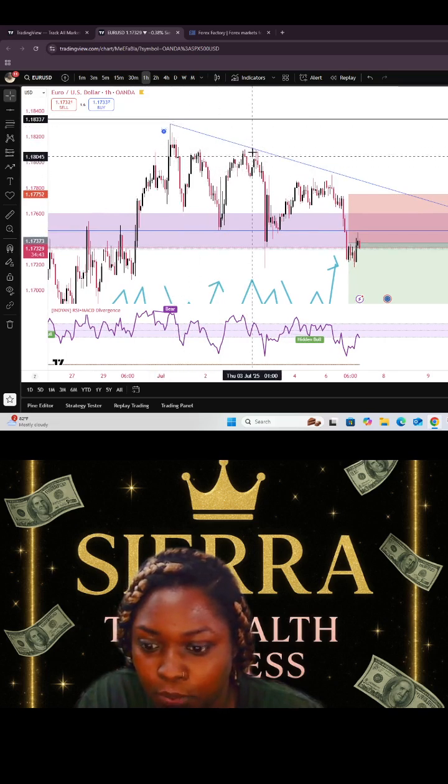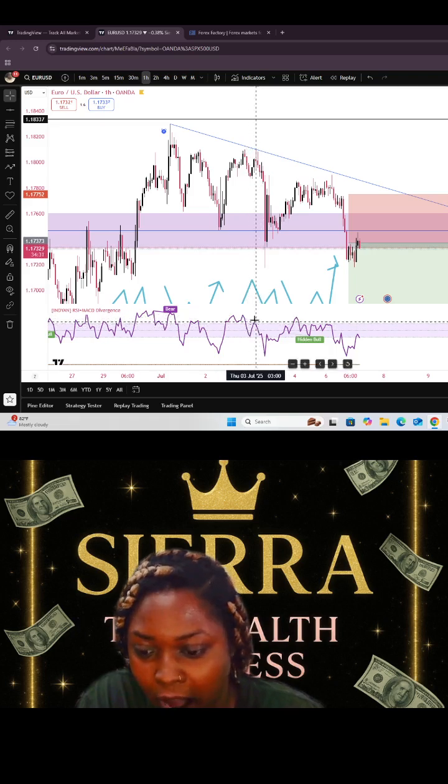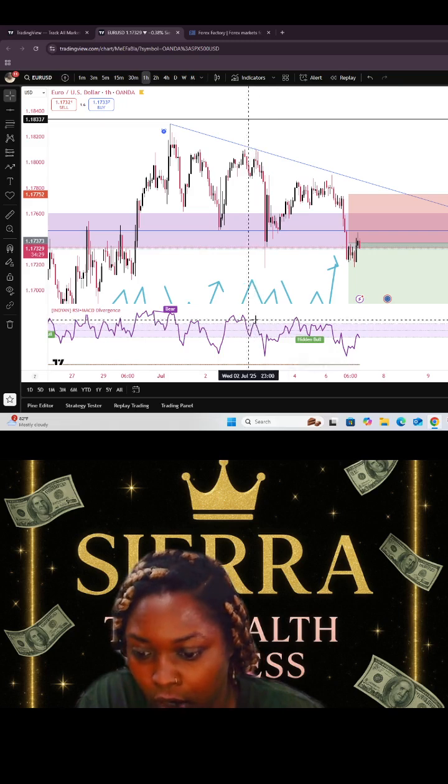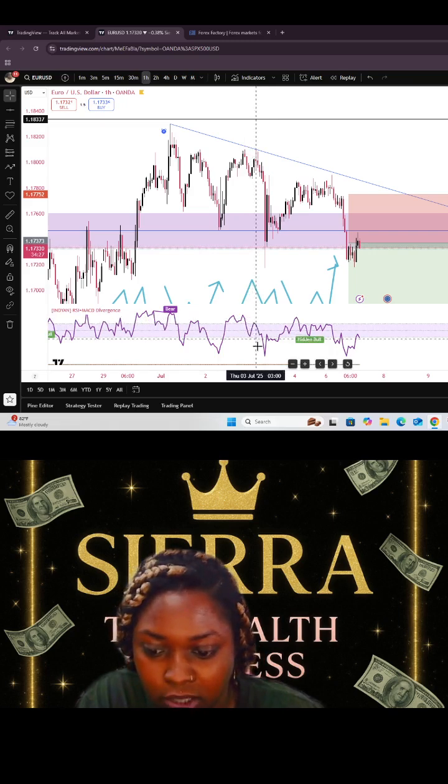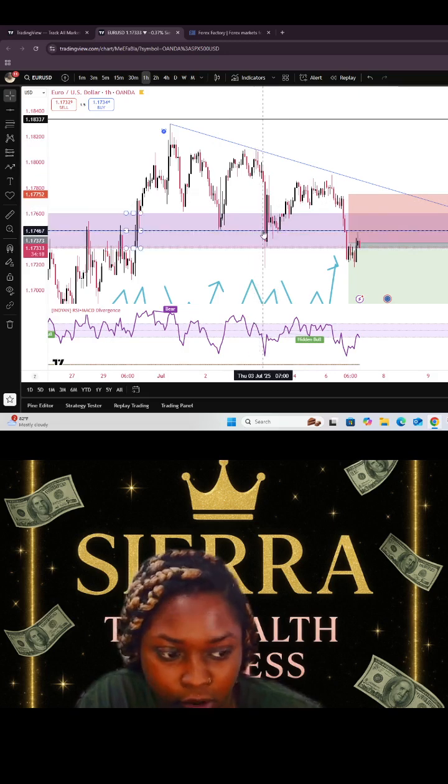So price pushed up a little bit higher, but if we follow it down, it gave us a higher low. When you see a higher low or a lower high, that's letting us know that price is going to continue down. So it came to our trend line and then it rejected our trend line and then it sold off. TP would have been here on your zone.